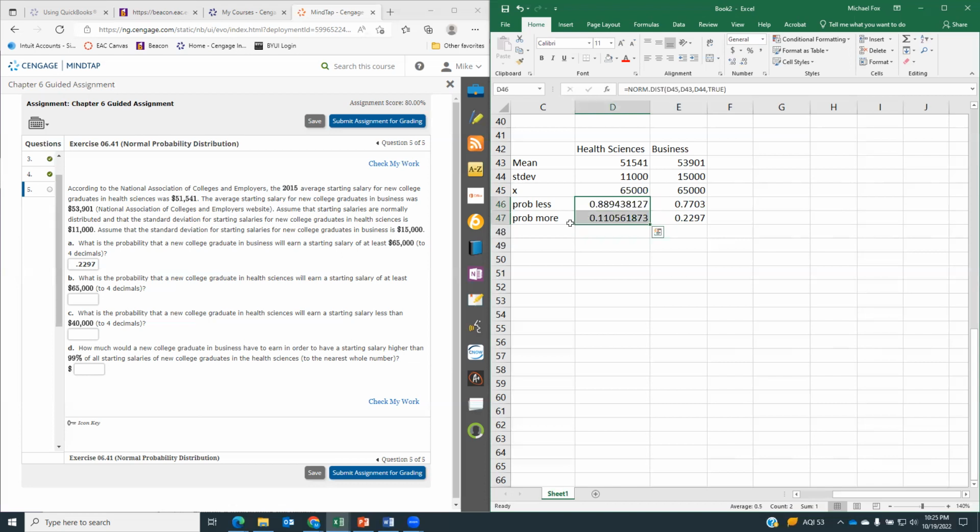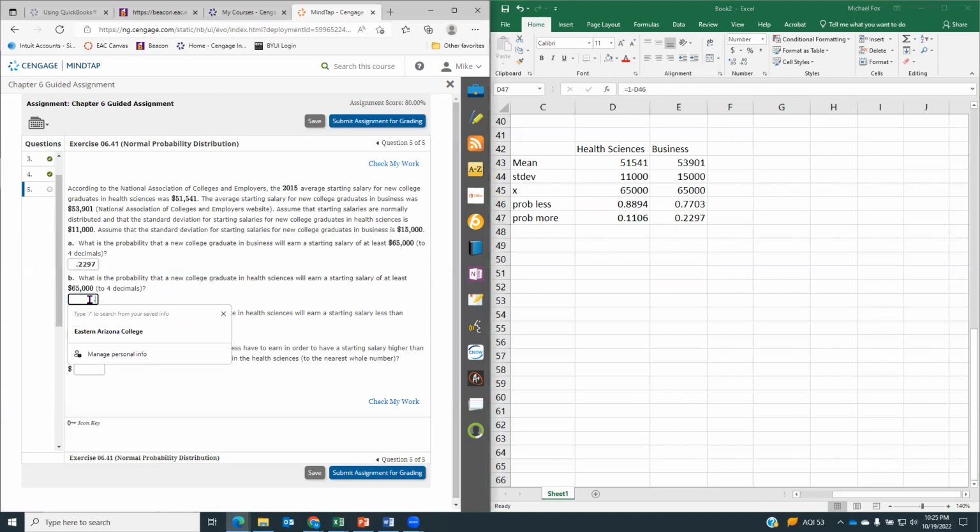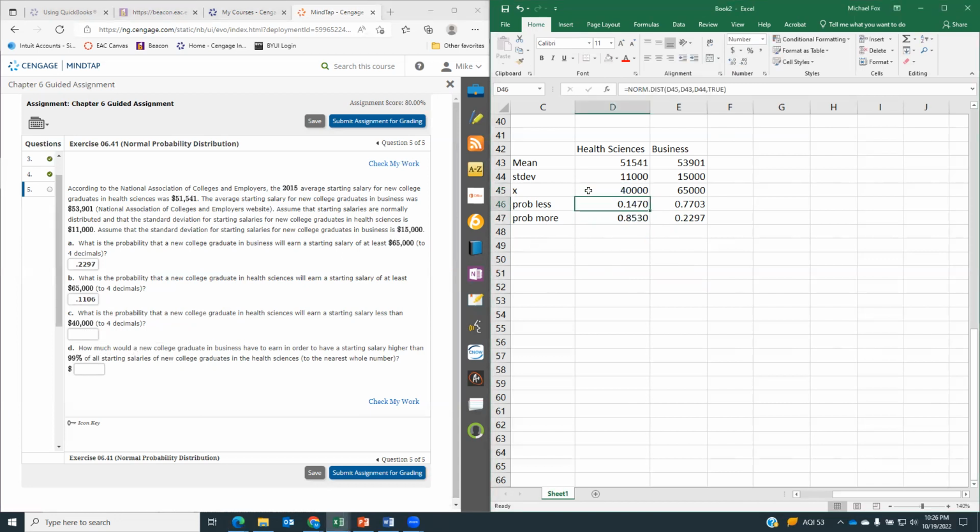So the probability that it's more than 65,000 for health sciences is 0.1106. What's the probability that a new college graduate in health sciences will earn a starting salary less than 40,000? To do that, all we do is change our x to 40,000, and we can see that the probability is 0.1470.